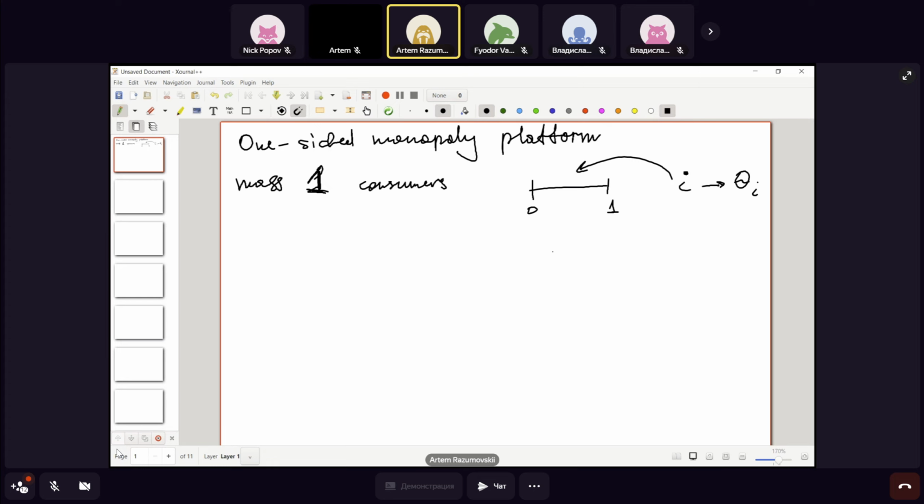So then what we need to have is a price that the agent needs to pay to join the platform, which is positive. And we have n, the number of consumers on the platform.